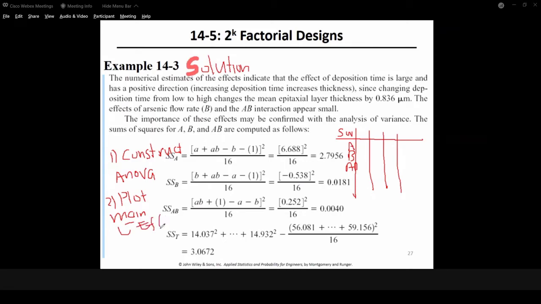Main effects of what? Main effects of A, B, and also the interaction effect, AB. Okay, 1, 2, right? And then number 3, maybe interpret the ANOVA. Interpret.